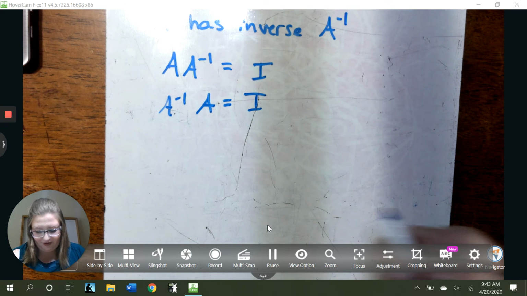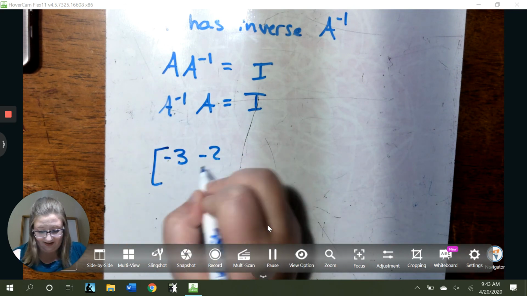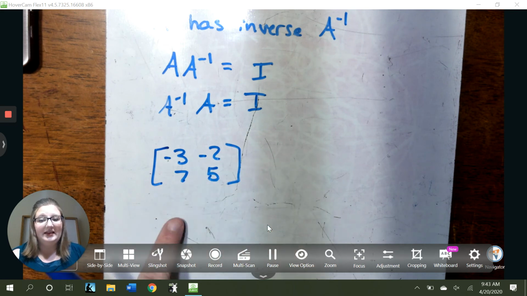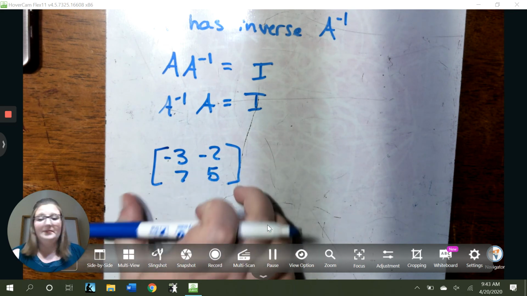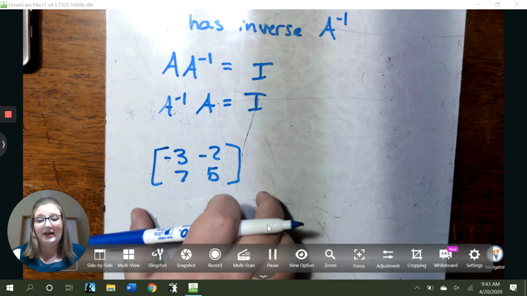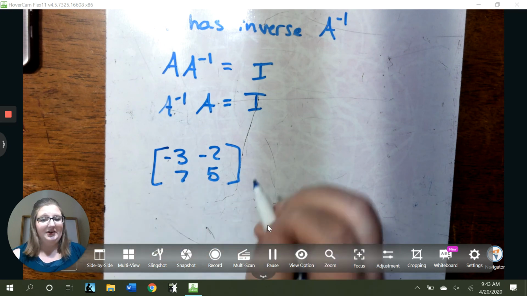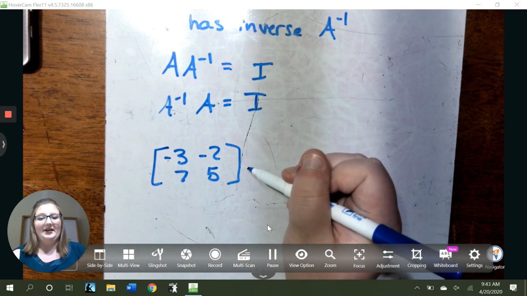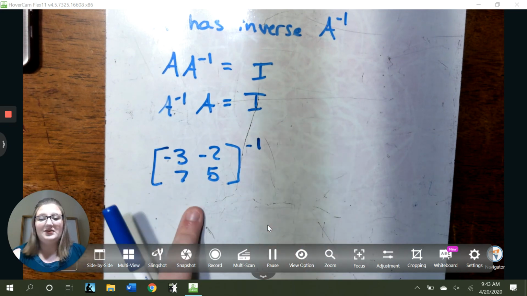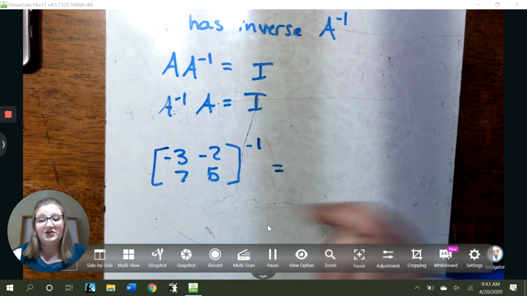So for example, if we want to find the inverse of the matrix -3, -2, 7, 5, we would type this matrix in our calculator, and you can use an online one like Symbolab. That's the one I've showed you. So you type this matrix into your calculator, then you come outside of the bracket and type a power of -1. Then once you click enter, it will give you the answer, and the answer is going to be the inverse matrix.